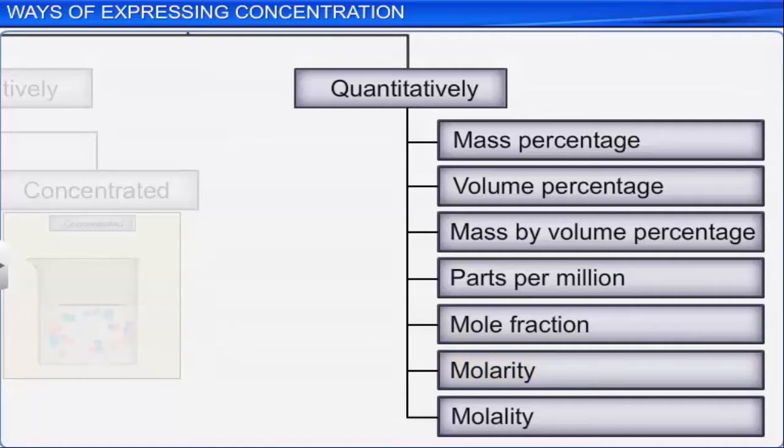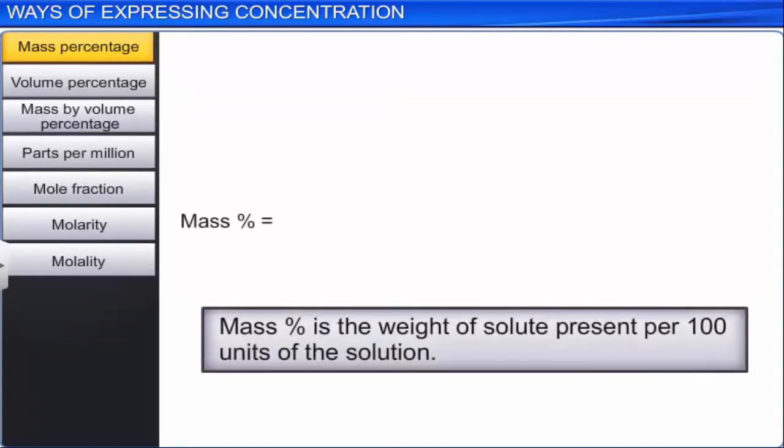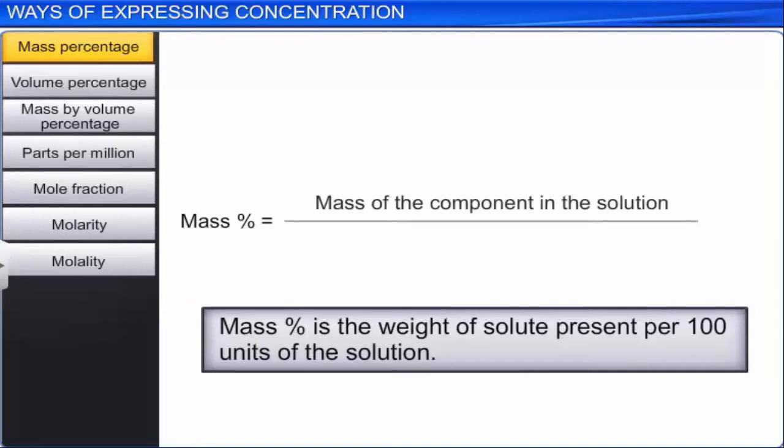Let's discuss these methods one by one. Let us first discuss the mass percentage or weight by weight percent method. The mass percentage of a component of a solution is defined as the mass of the component in the solution divided by the total mass of the solution multiplied by 100.